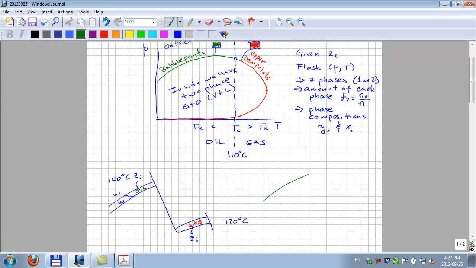But to make it even more fun, let me give you a case where we've got just one reservoir, same composition everywhere, but the temperature variation goes like this. And there's my 110 degrees C. Okay? Composition is the same everywhere, Zi.